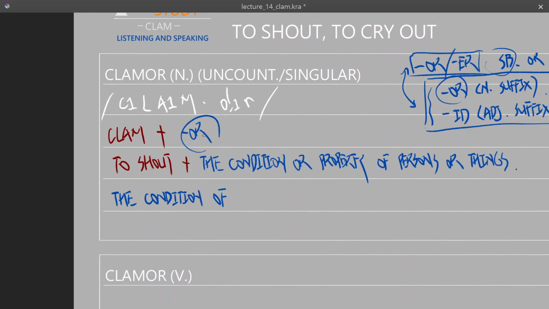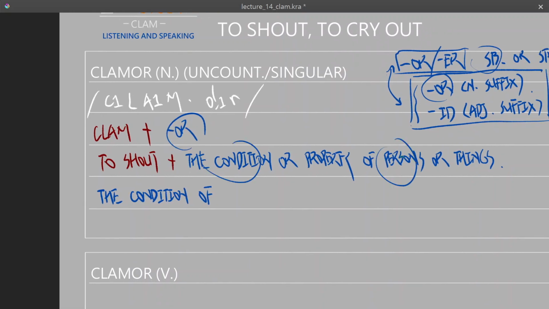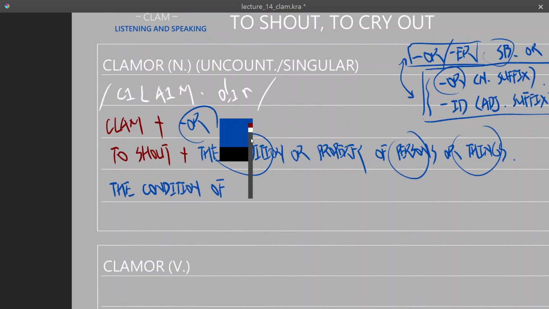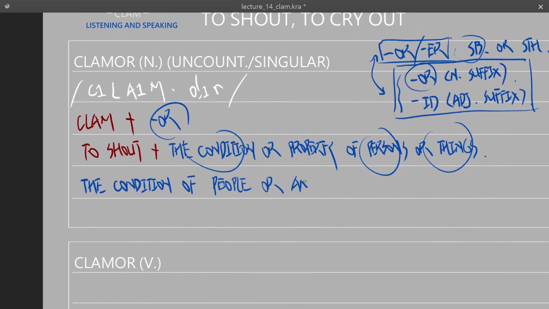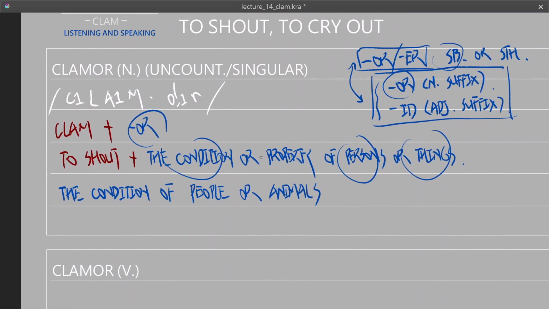The condition of persons or things, so conditions of people or animals, in this case animals that shout.